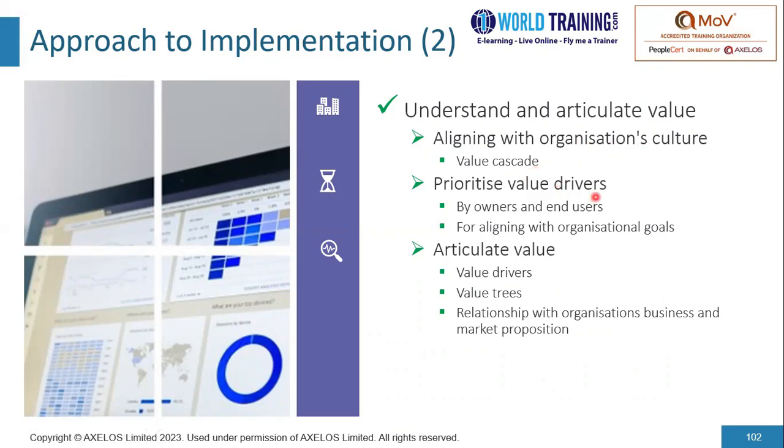If you remember, in one of the preceding slides, we looked into an example of a hospital project and how we could take the various value drivers and assign a particular relative value. We could use prioritization using pairwise comparison techniques. We articulate value by defining the value drivers, by creating value trees, relationship with organizations, business, and market proposition.